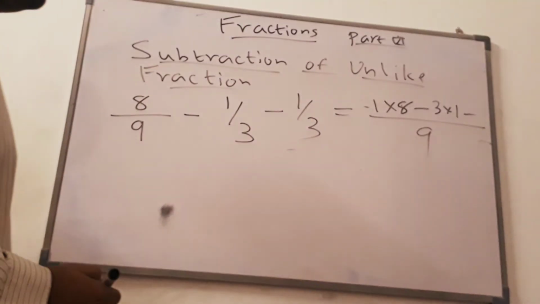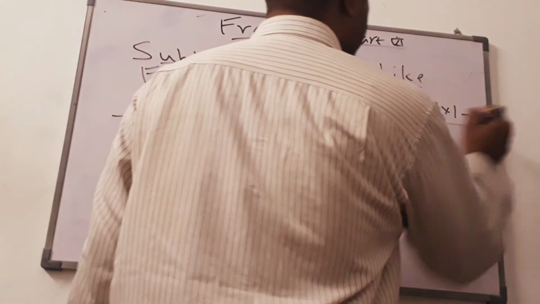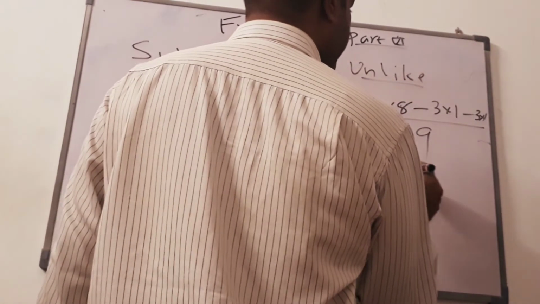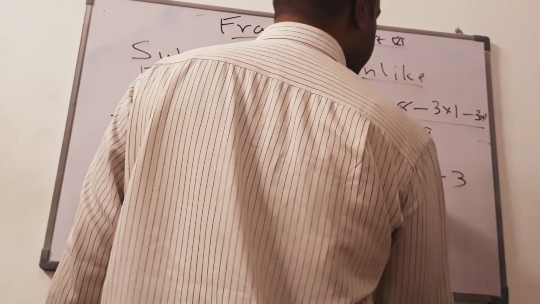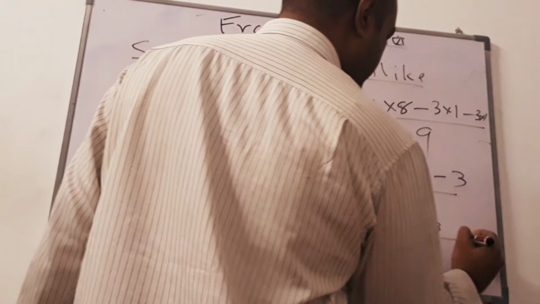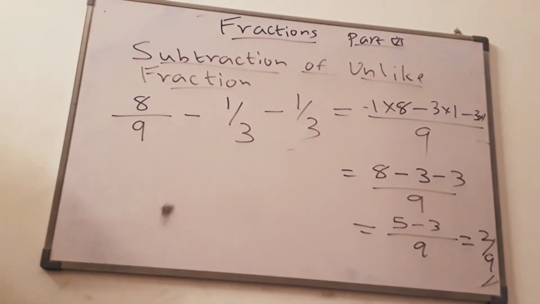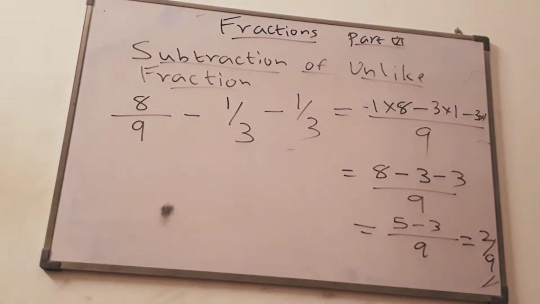Minus, again 3 times 1. So the answer is 8 minus 3 minus 3 over 9. 8 minus 3 is 5, minus 3 is 2. So it is 2 over 9. 2 over 9 is the answer. Keep in mind.